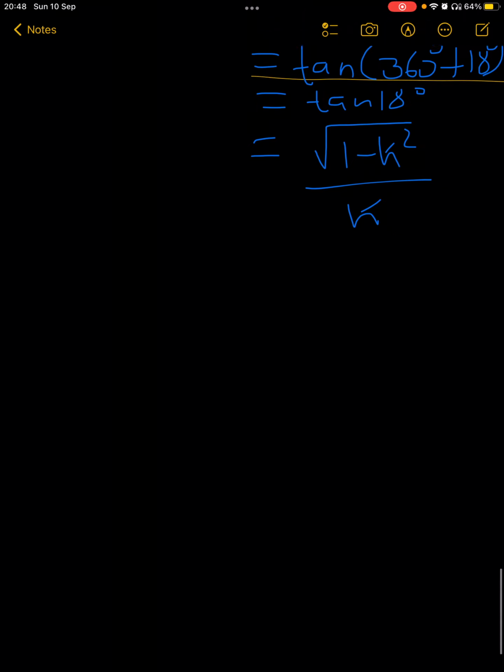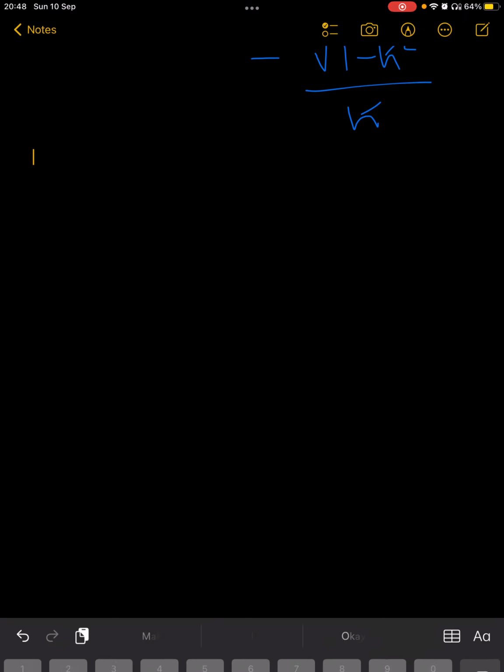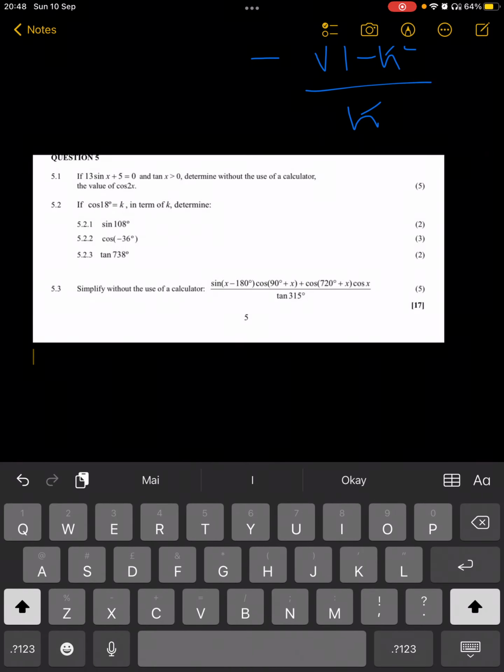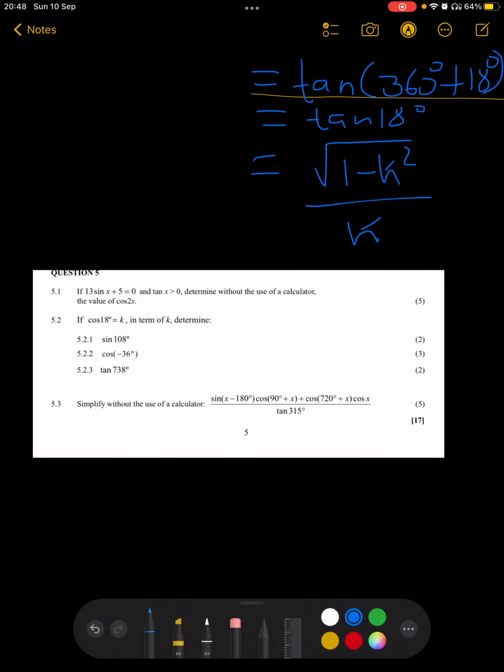Right, now simplify without the use of a calculator. This is also another nice one. Let's paste the equation here so we can rewrite.